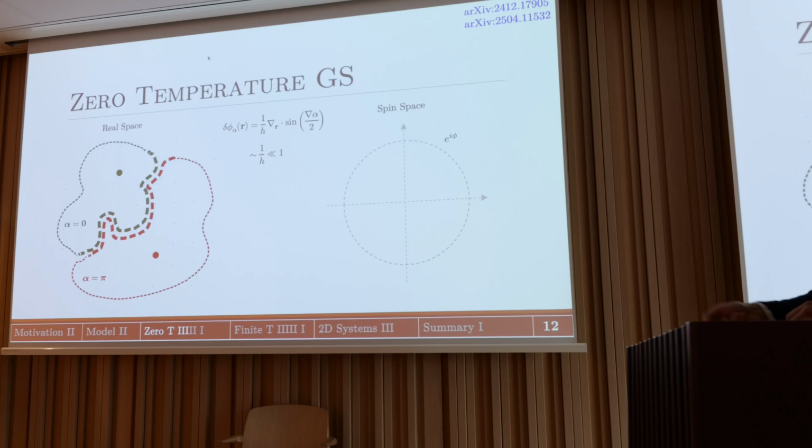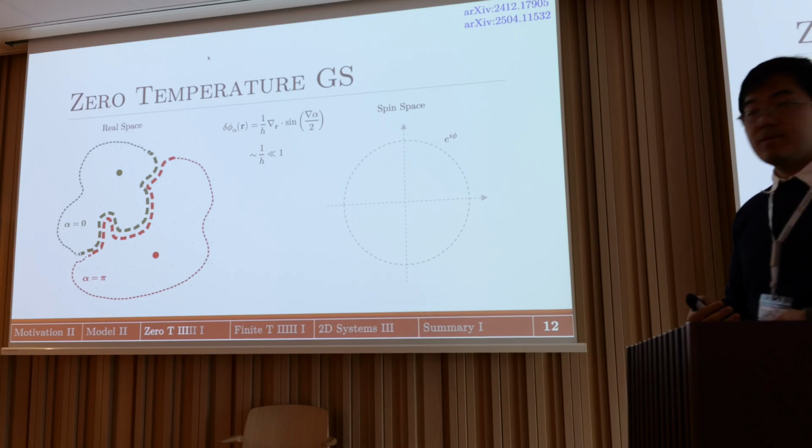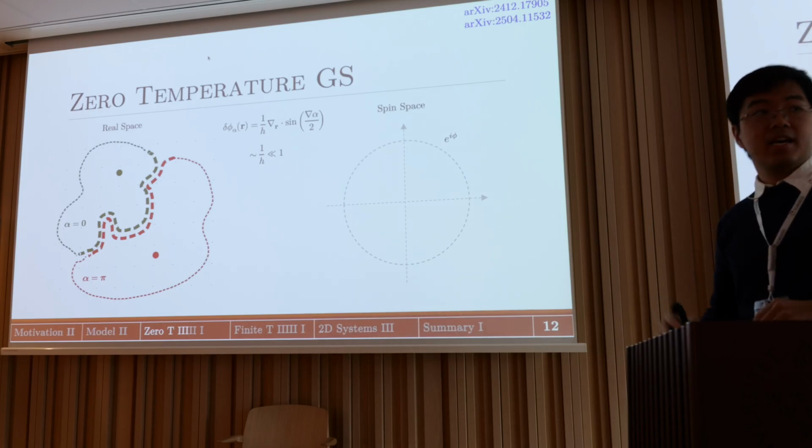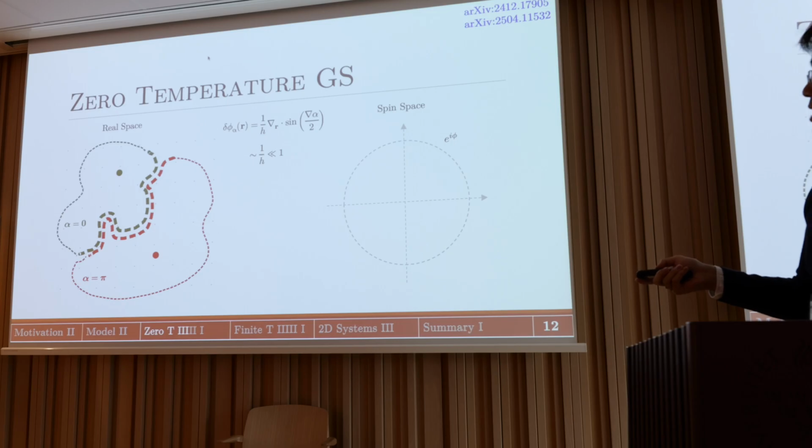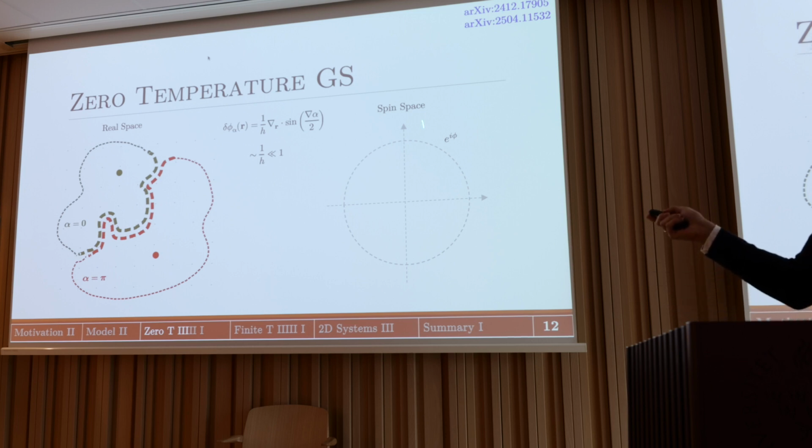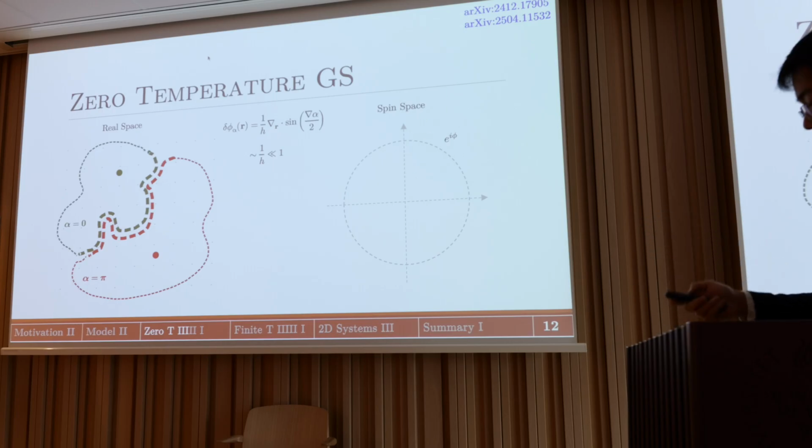So the left diagram is going to be a real space plot. The green clusters are basically sites with random phase alpha being 0, so plus cosine phi interaction. And the red sites are going to be alpha being pi, so minus cosine phi interaction. And then I'm going to plot the right diagram. I'm going to plot what the phase difference looks like in spin space, so e to the i alpha.